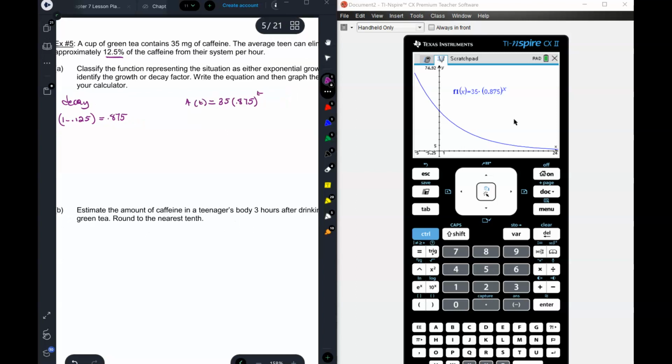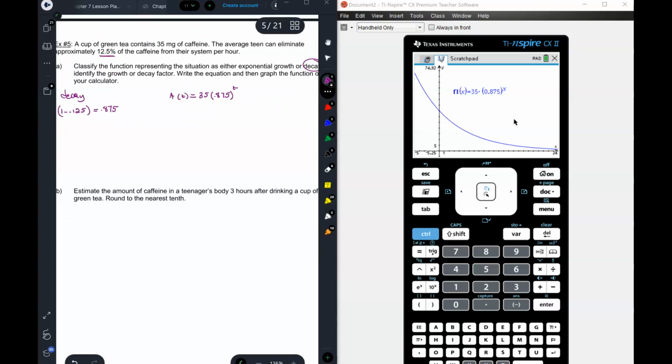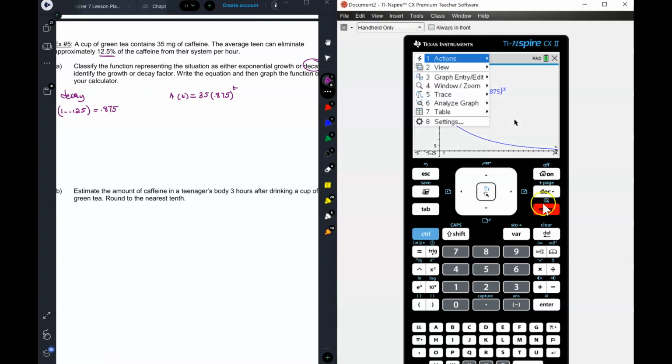So what is the question asking for? Estimate the amount of caffeine in a teenager's body 3 hours after drinking a cup. Here we have two options. One is menu, trace, graph trace, and you can just plug in 3, enter, and it's 23.447.